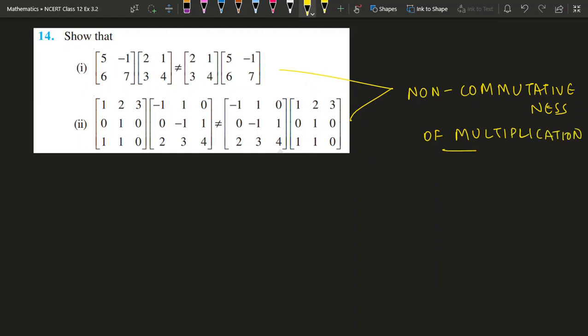What you just have to do is multiply these two matrices first on the left hand side, and then multiply the matrices on the right hand side, and you won't get an answer that would be equal. And that's a thing that we have discussed in a video when we were talking about matrix multiplication. So I'll just leave that as an exercise, and it will give you some practice of matrix multiplication, so that you can try this problem yourself.